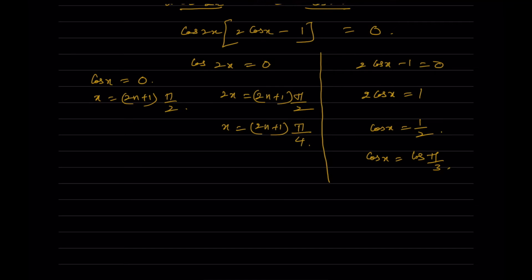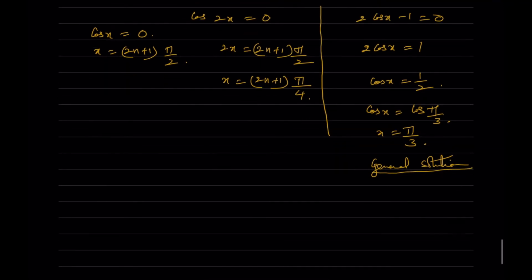So therefore x is equal to pi by 3. So the general solution for this is, when cos x is equal to cos y, we have x is equal to 2n pi plus or minus y.